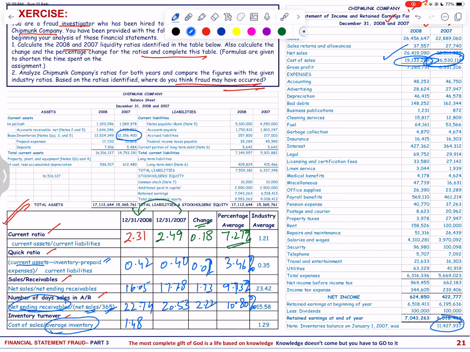This is for the year 2007. So we are going to add up the two and divide by 2 to get the average inventory, and that is 1.39. So there is an increase by about 0.09, and it is 6.37%.